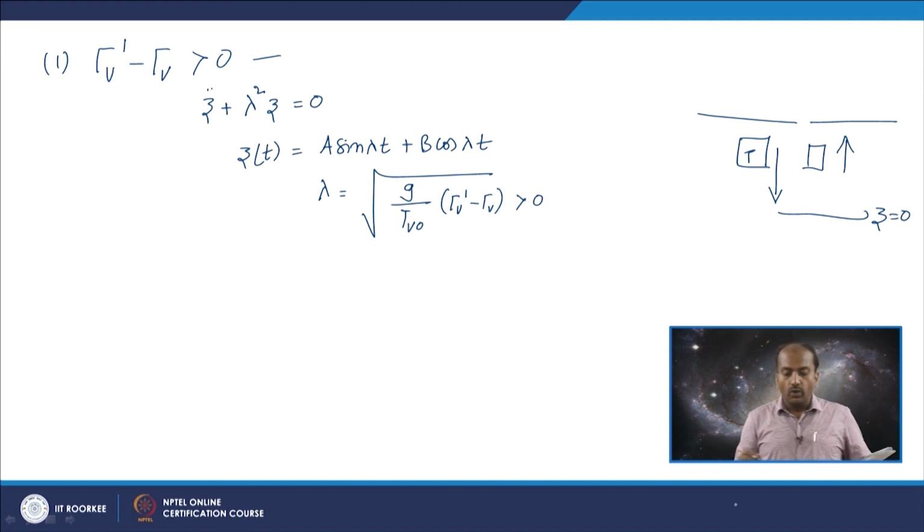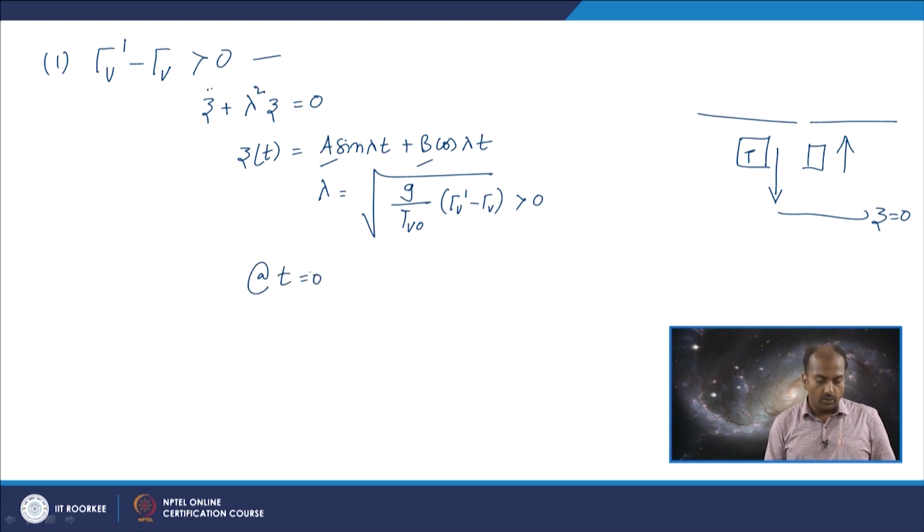Now, if this is the solution, what kind of solution is this? This solution can be explained when you resolve the constants a and b. Let us say at t equal to 0, that means in the beginning, the position z is assumed to be 0. If you substitute this into the equation, you will realize z of t is equal to 0 when t is equal to 0.